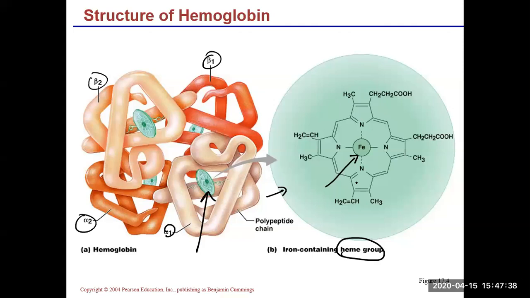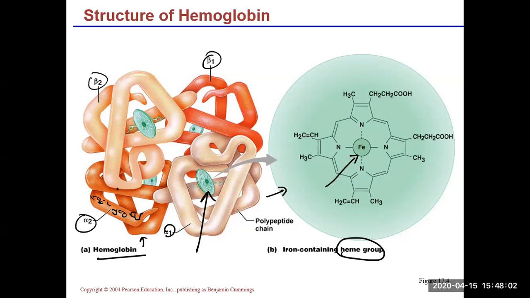You need amino acids, because hemoglobin is a protein. To put this chain together, you need a lot of these amino acids that are bonded together by different types of bonds: hydrogen bonds, covalent bonds, interactions, and so on. So that is important to think about.